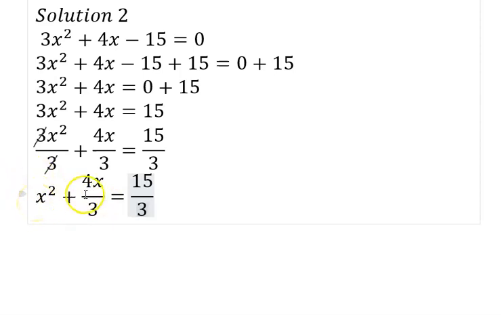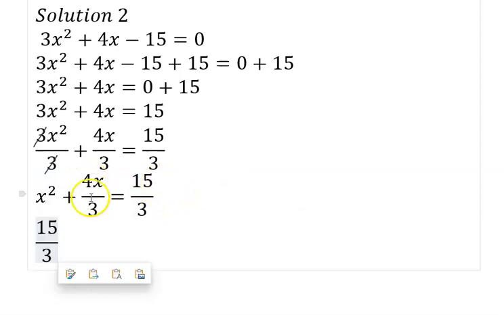Now the next thing, if you remember, I said anything we have here, we look for the half. We look for the what? Half. Then we square it. We now add it to this side and this side. Now, let me quickly do a rough sketch here so that we get what we are trying to do. Let's get this as a template. So half of 4/3 will give us what?